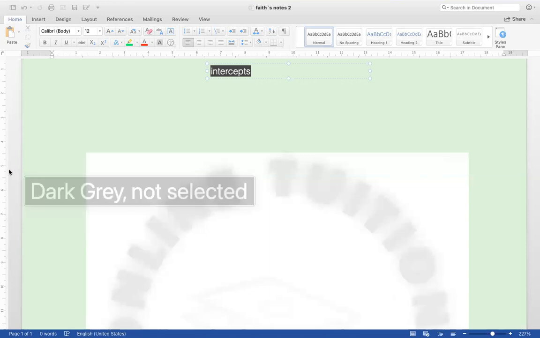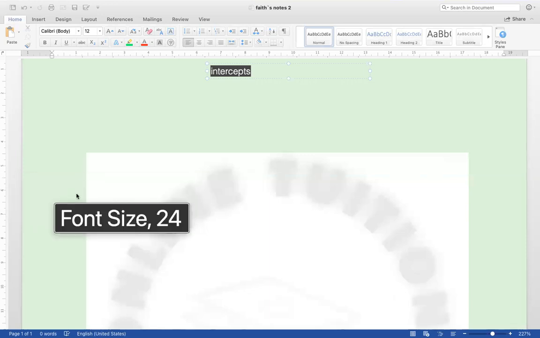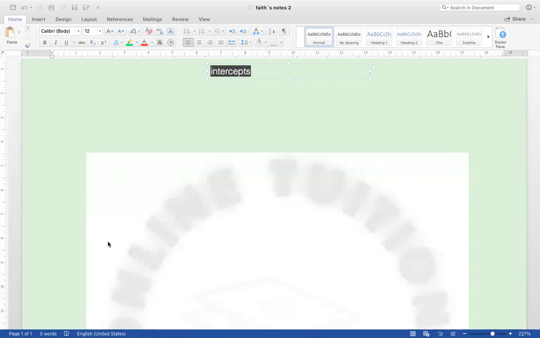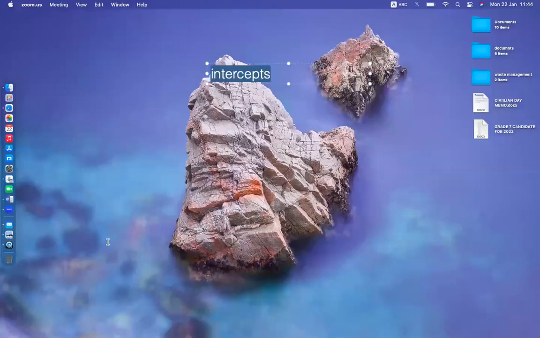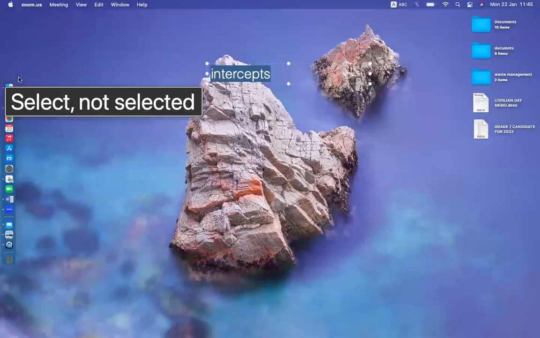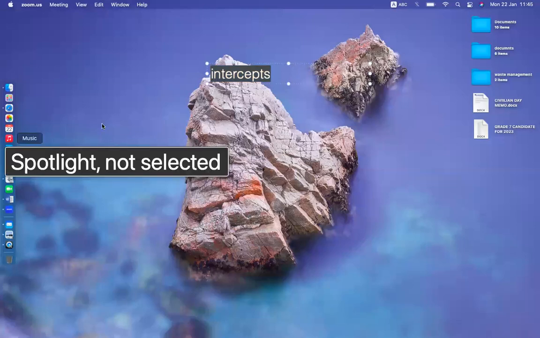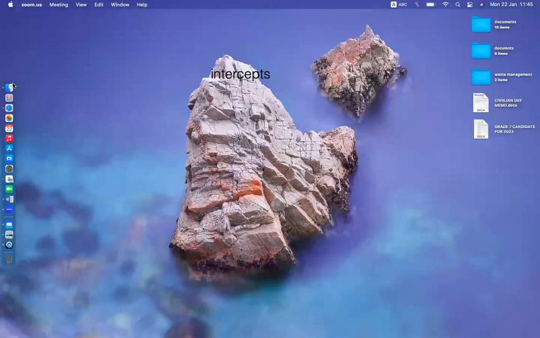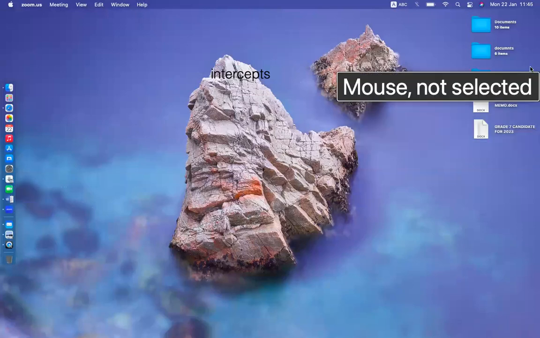Now this axis may be an x-axis, may be a y-axis. But the truth of the matter is that the point where the graph cuts the y-axis or the x-axis is what we are calling an intercept.